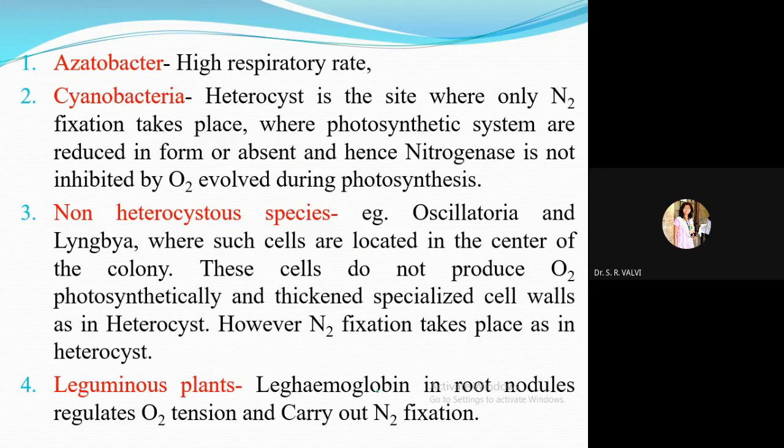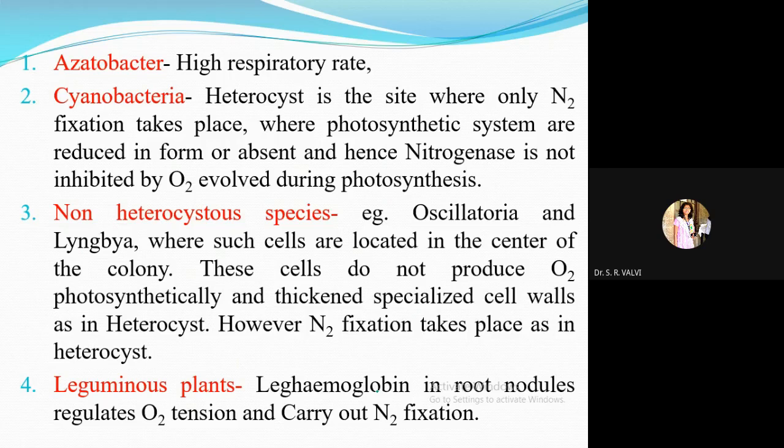Then next, cyanobacteria. As I have explained before, the heterocyst is the cell where nitrogen fixation takes place. But again, which is the self-regulatory system? Here, the self-regulatory system is the absence of photosystem, or its presence in a reduced form, right?